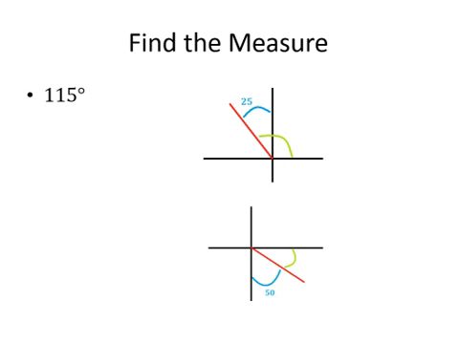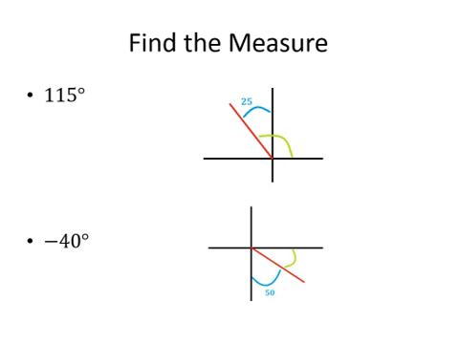Now the next one opens in a clockwise motion. Take a second and find the measure of the second one. The measure ends up being negative 40 degrees because it is opening in a clockwise motion.